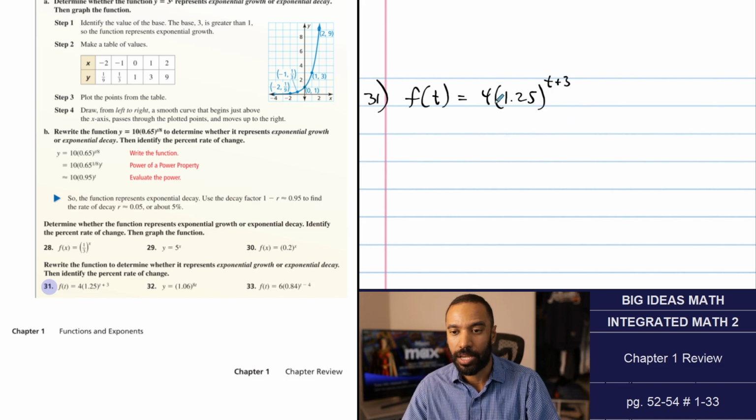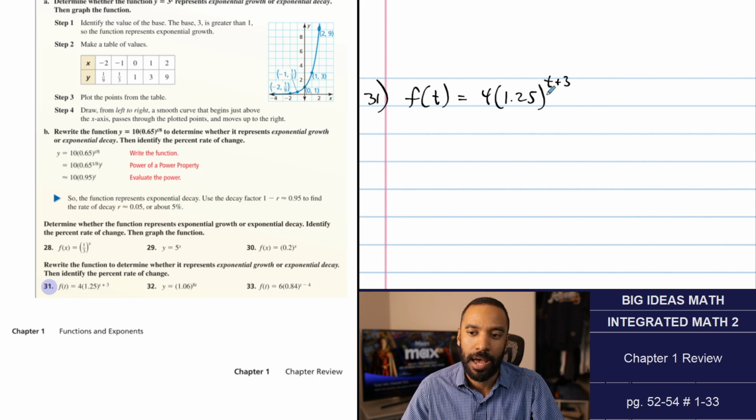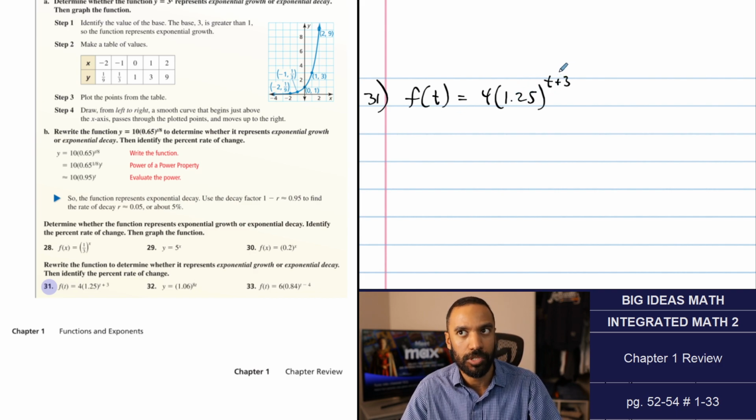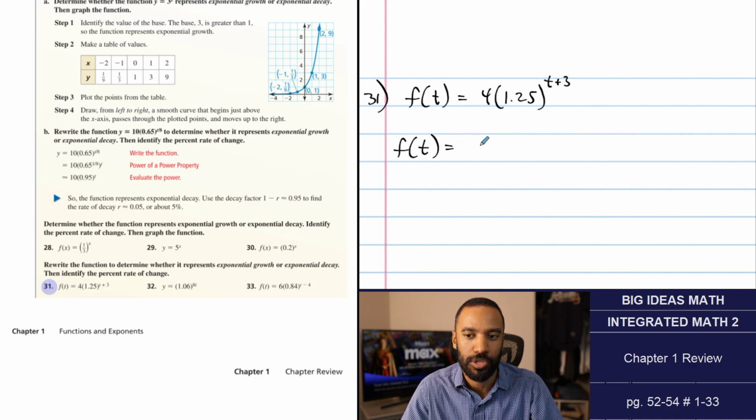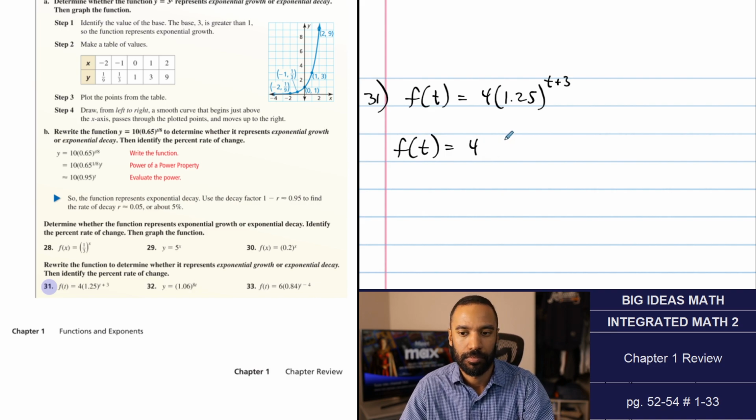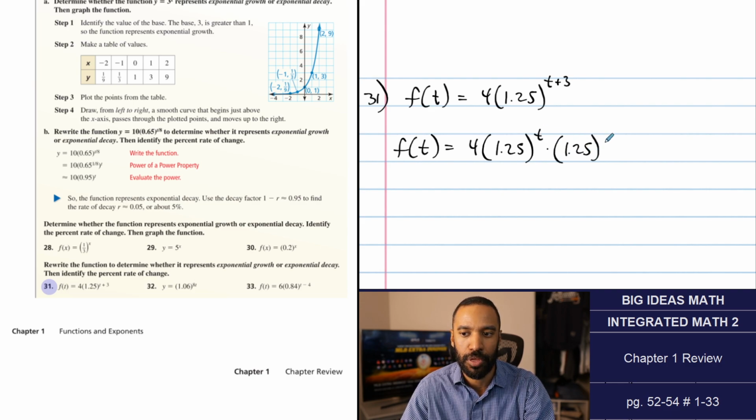Okay, so here's the concept of this one. t plus 3 means you're multiplying two things of the same base, like two 1.25s. So 4 is multiplying by 1.25 to the t times 1.25 to the third.